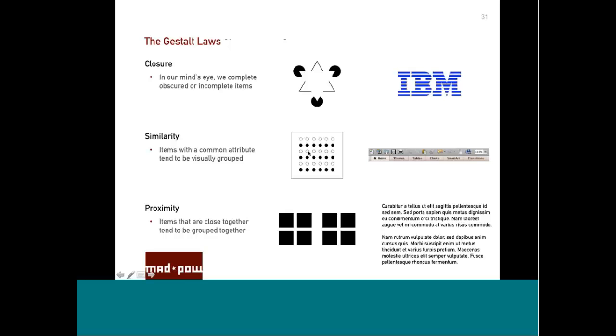We're going to group these items together in our mind's eye. This is that whole change detection. The example there is the word toolbar, where we know that the gray and the beige are going to be grouped together based on the background color. And that makes it very simple, very intuitive. Proximity: when things are close together, they're grouped together in our mind's eye, and that's how we're able to read as humans, to know the difference between paragraphs and the difference between words.